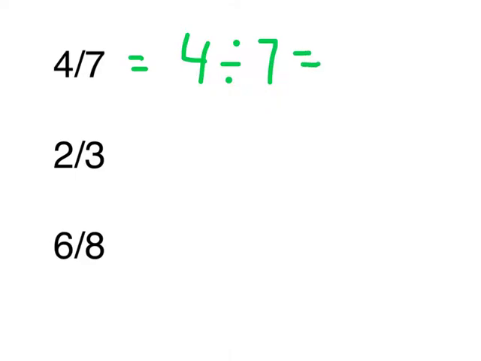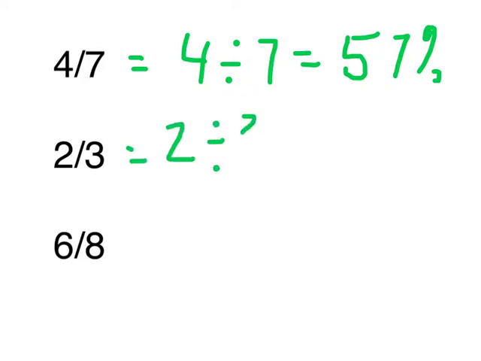So when you punch that into your calculator, you get a decimal. So it might look a little bit scary on your calculator. You multiply that by 100. And what we get is 57.14285714, but you don't have to worry about all the decimals here. 57%. 2/3 means 2 divided by 3.